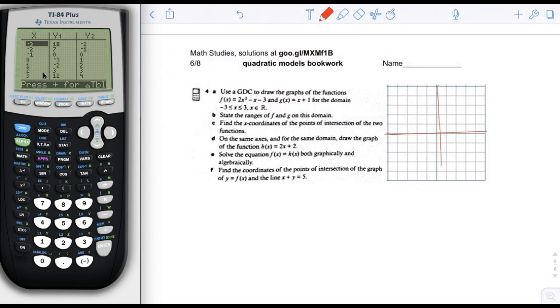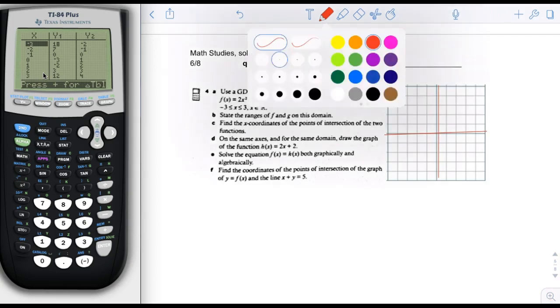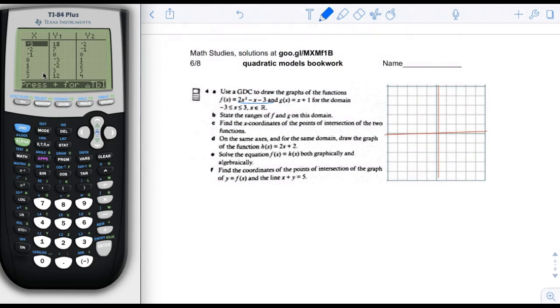So there is my x-axis, there is my y-axis. I'm going to do my parabola first, which is my blue function. So the parabola has a point -3, 18, but that's off my screen. -2, 7, and that's also off my screen. -1, 0, okay, that one fits. 0, -3, that one fits. 1, -2.